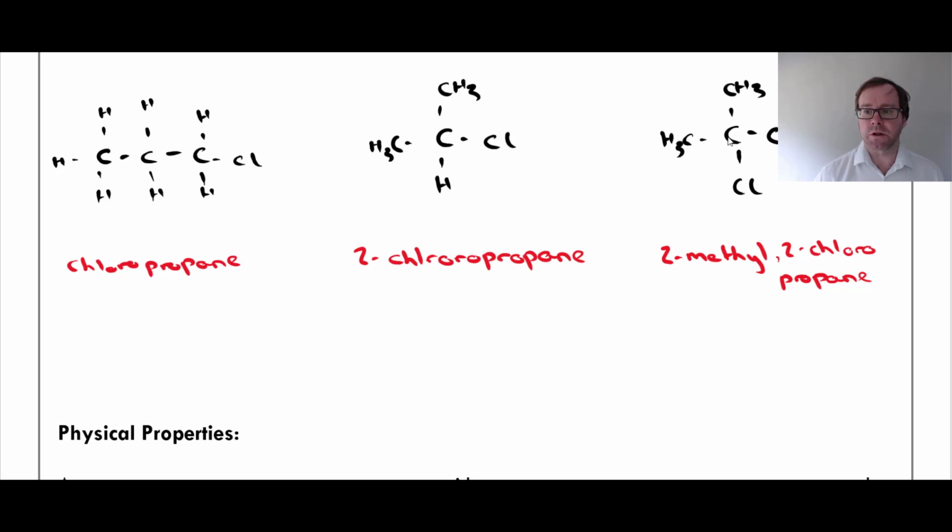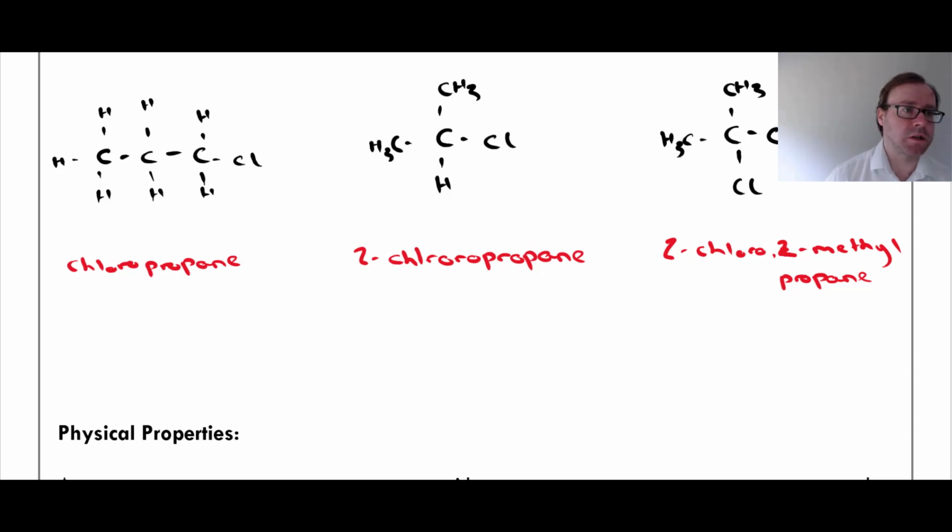On the third one, 1, 2, 3 is my longest carbon chain, so 2-methyl-2-chloropropane. In fact, we could write that slightly better because we should have our chloro first, so 2-chloro-2-methylpropane.